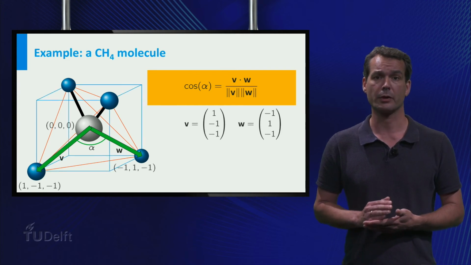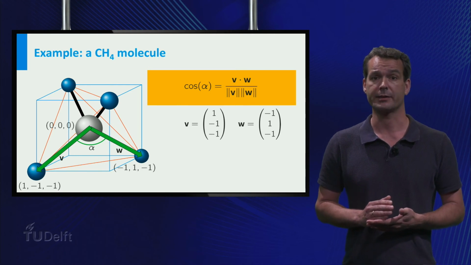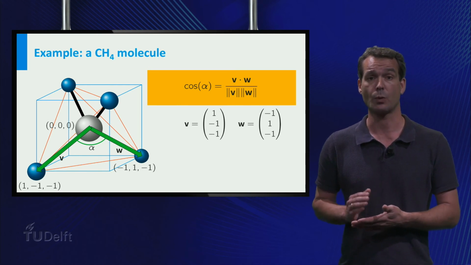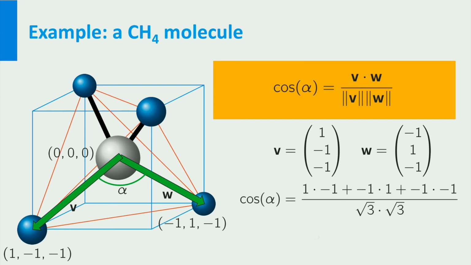We can choose coordinates such that the carbon atom is at the origin and the other atoms have coordinates plus and minus 1. Then v is the vector 1, -1, -1, and w is -1, 1, -1. From the angle formula, we find that the cosine of alpha equals -1/3, so that alpha is approximately 109 degrees.